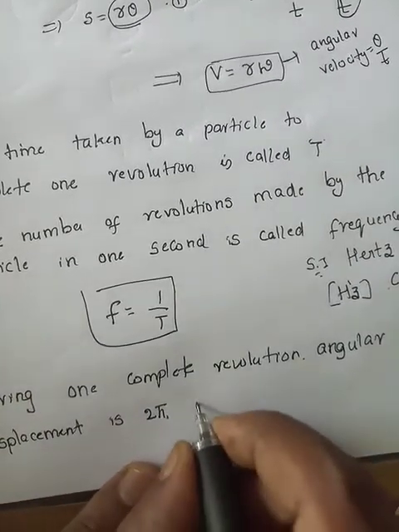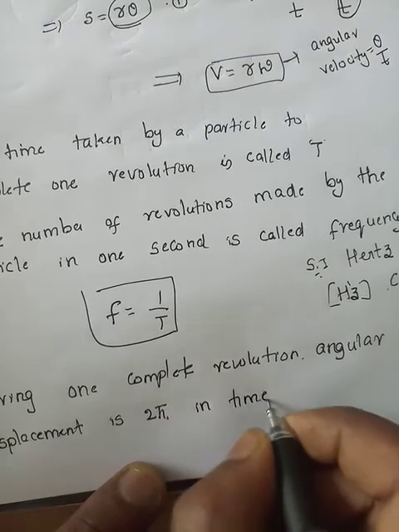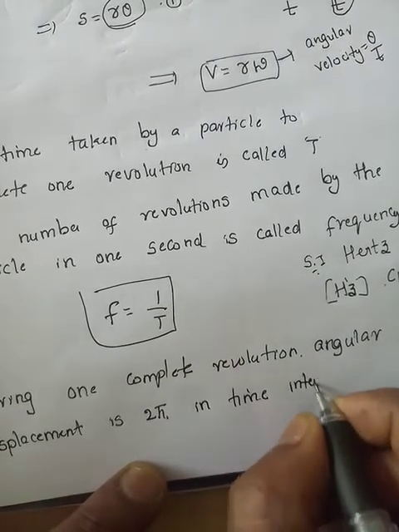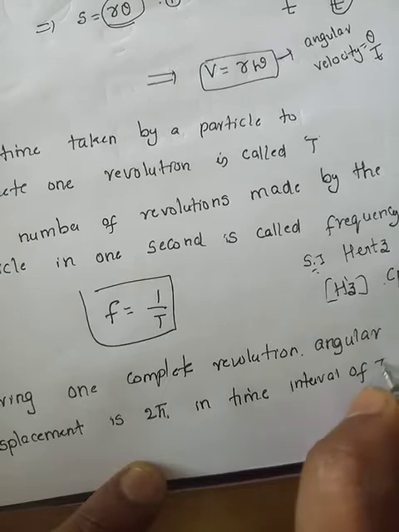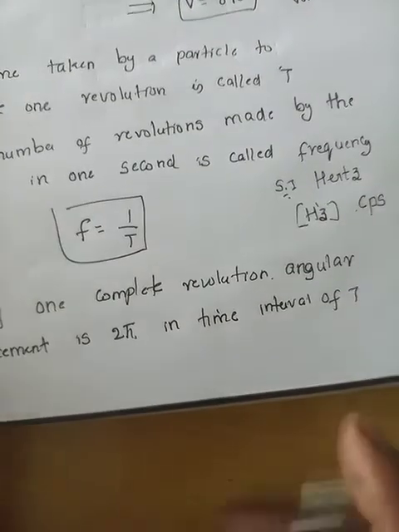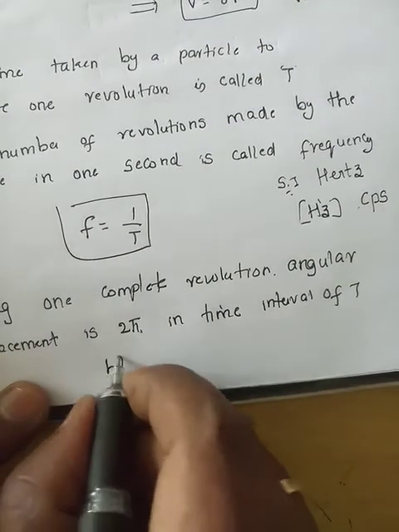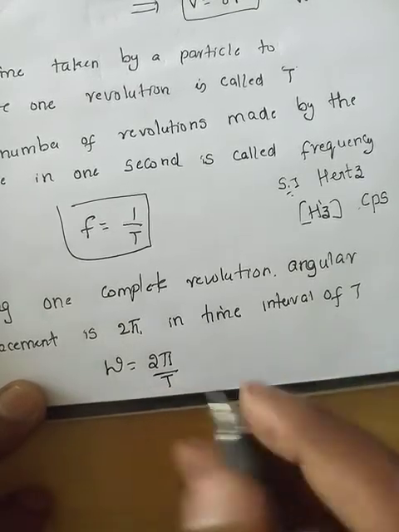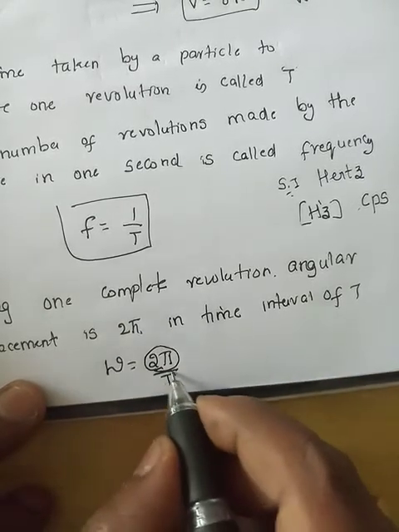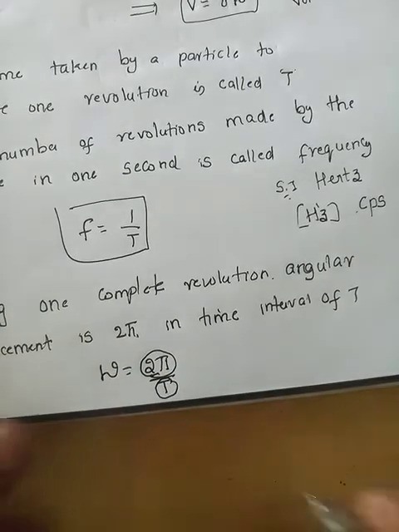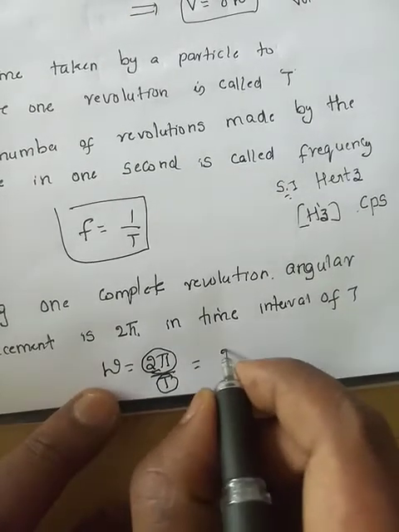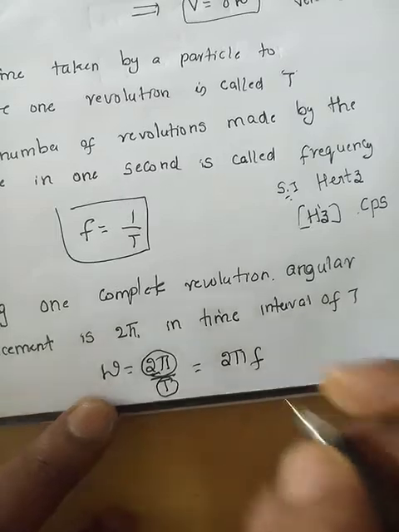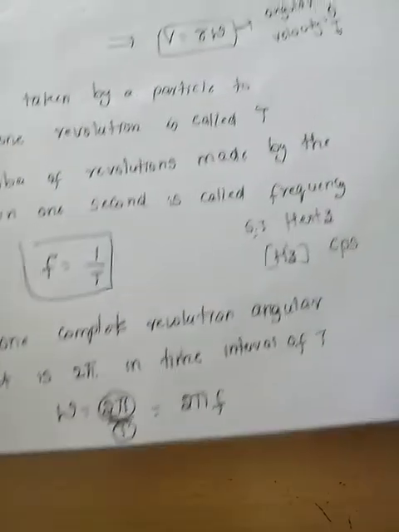How much time is taken? In a time interval of capital T. So, we can write angular velocity as omega is equal to 2 pi by T. Theta is 2 pi, time period is T, that is equal to angular velocity. That is equal to 2 pi f. Why? Because f is equal to 1 by T.